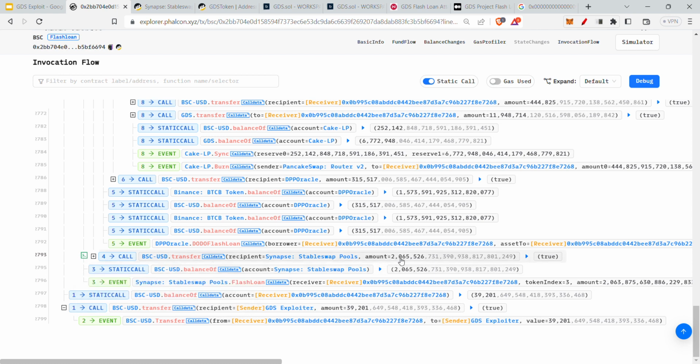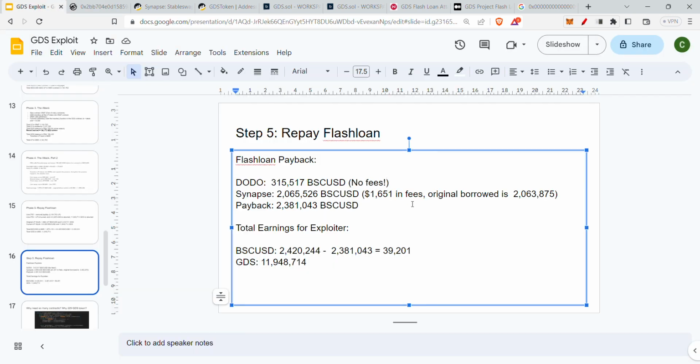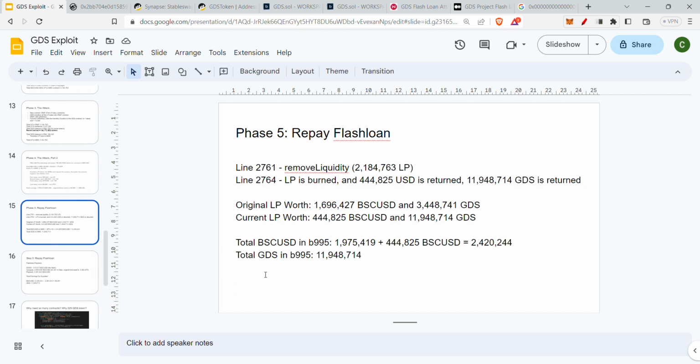He transfers 2.65 million back to Synapse. Originally, it was 2.63. So there is 1,651 in fees if you want to flash loan from Synapse. And he pays back a total of 2.381 million. This plus this, 2.381 million. This was his amount inside the contract.